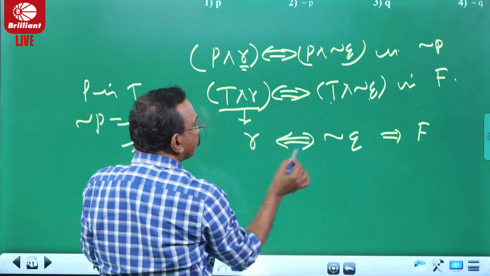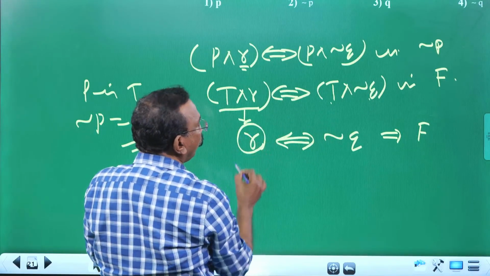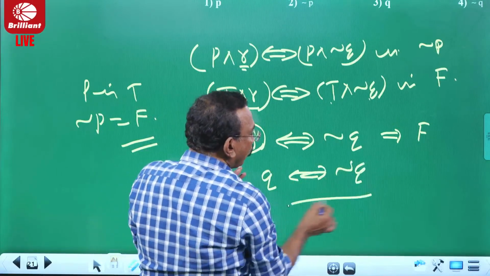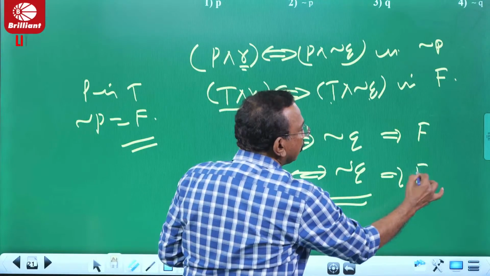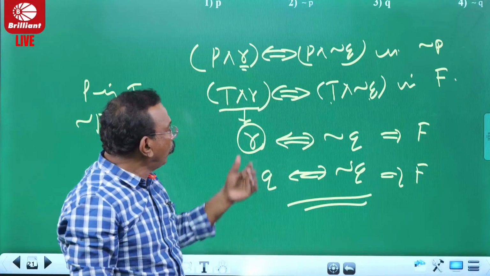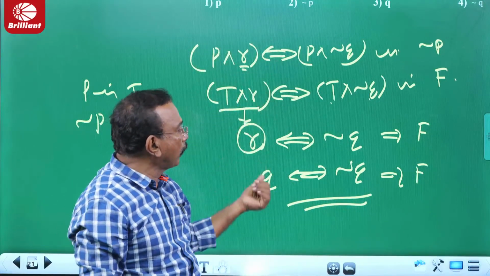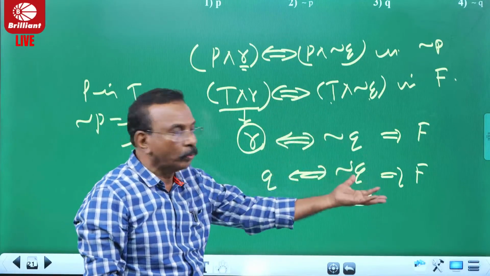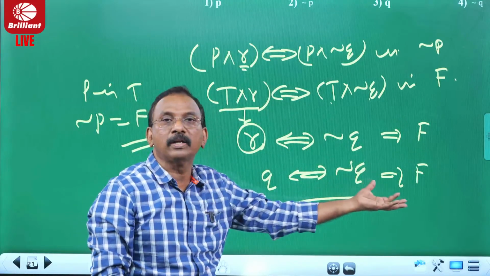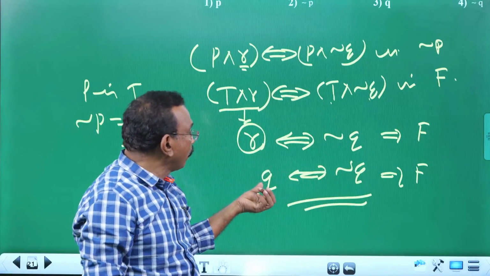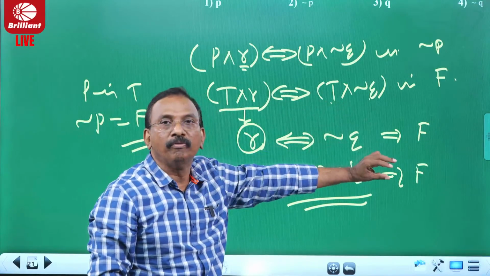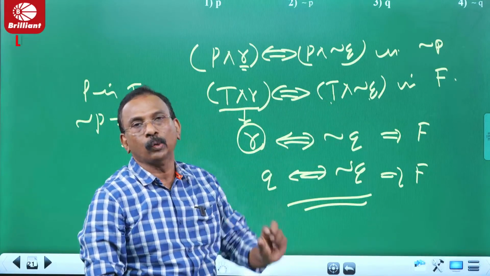So the expression should be q. Look here, q biconditional negation q is already confirmed to be F. No other expression can be substituted here to provide that false expression. So definitely negation q should be true. But p does not guarantee that it is always false. So wherever q is there, q biconditional negation q will become false, and that suggests the answer for that question.